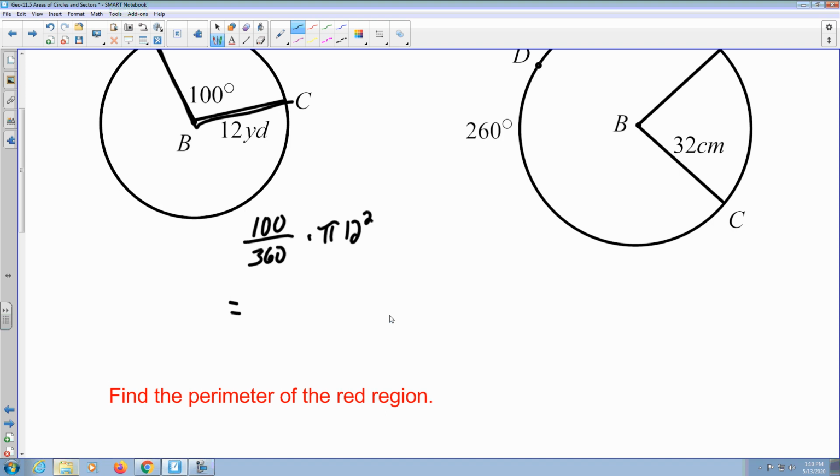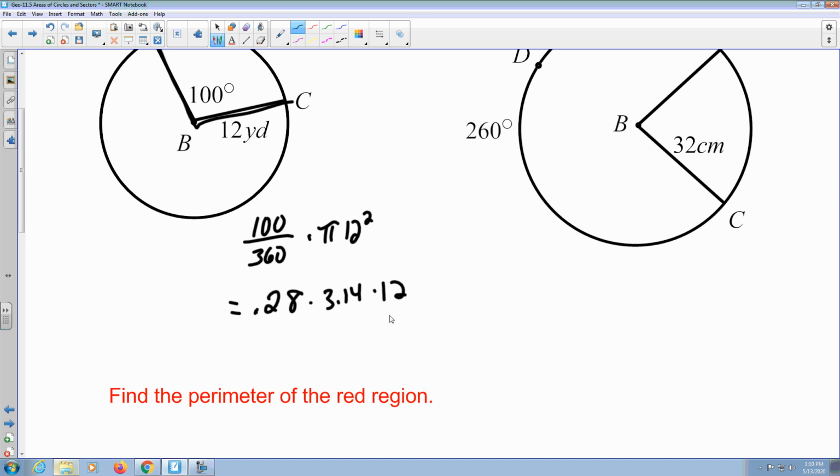Let's take 100 divided by 360. That's about 0.27 or 0.28, depends on how many times you approximate. So let's just say it's 0.28. And that gets multiplied by 3.14 times 12. So if you multiply all those three values together, you should get your answer.